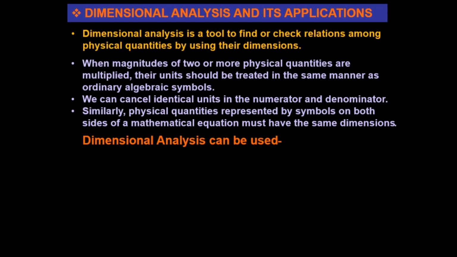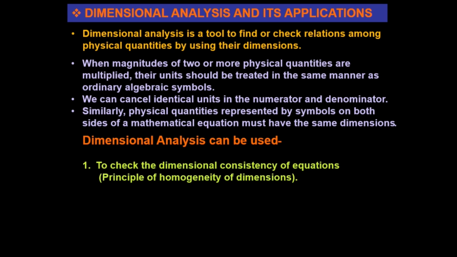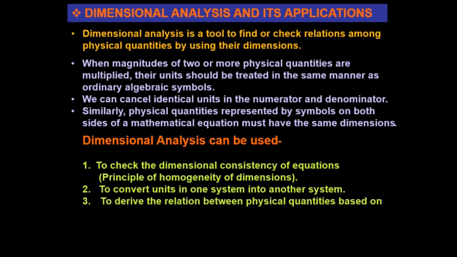And the uses of this dimensional analysis: it can be used to check the dimensional consistency of an equation, that means whether the given equation is correct or wrong based on the principle of homogeneity, to convert units in one system into another system, and to derive the relations between quantities based on certain reasonable assumptions.